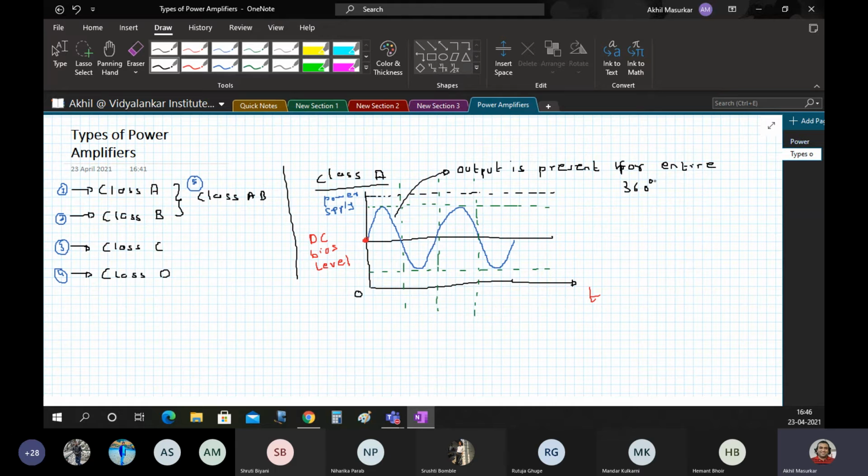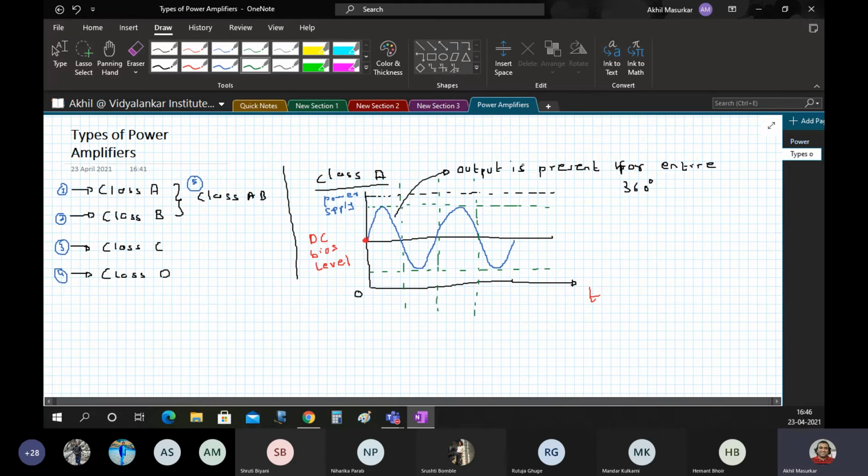So that is the reason why, as far as class A amplifier is concerned, the Q point has to be at the center of the DC load line.